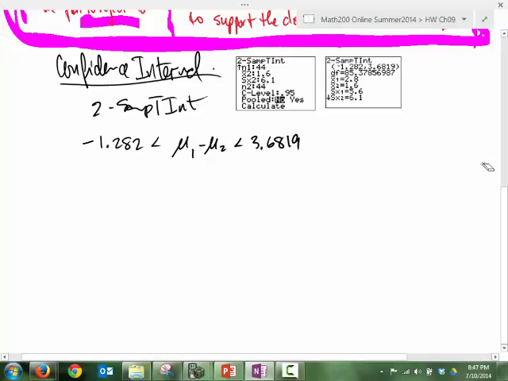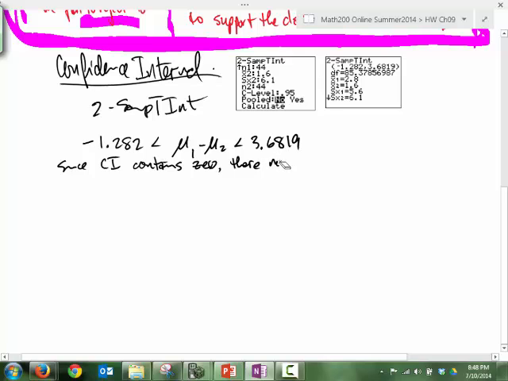But the more interesting question, since this is a comparison between two populations, is there a significant difference between diet 1 and diet 2? No, right? Because it contains 0. So since the confidence interval, I usually don't like using CI, but I'll just say CI, contains 0, there does not seem to be a significant difference.